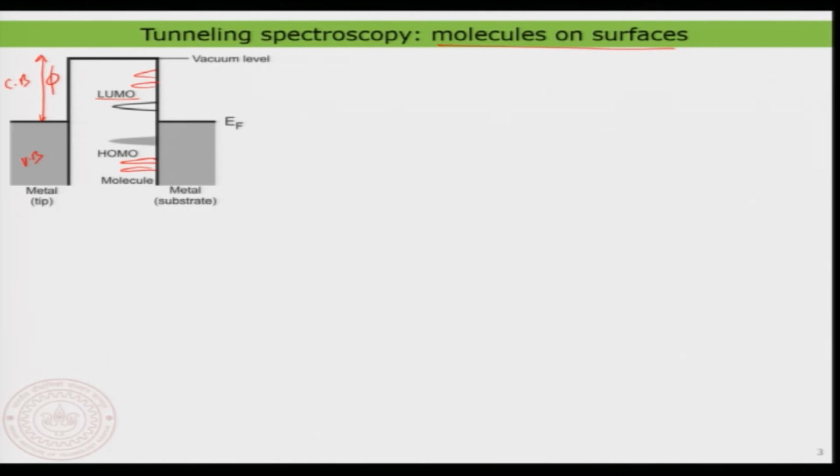Normally for a molecule you would expect just a line, that means a discrete, particular energy for a molecular orbital, but I have made it a little bit broader, because when the molecule interacts with the surface, there is a certain broadening of these states due to the interaction, and then one can also think about some thermal broadening due to the fact that we are measuring the spectroscopy.